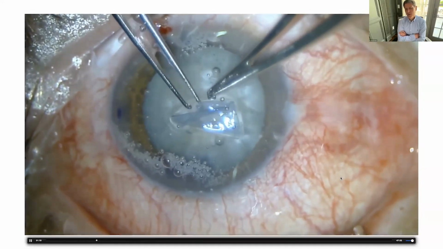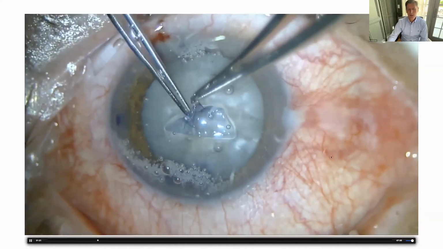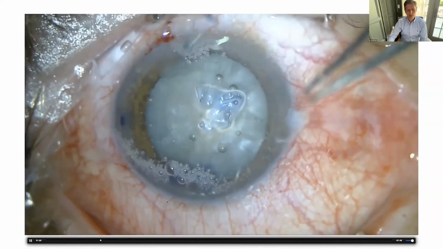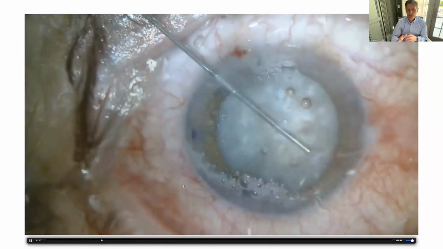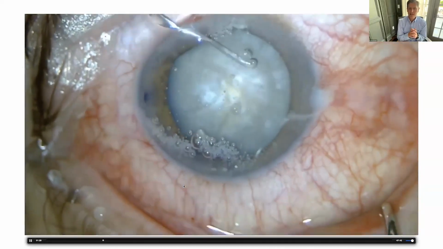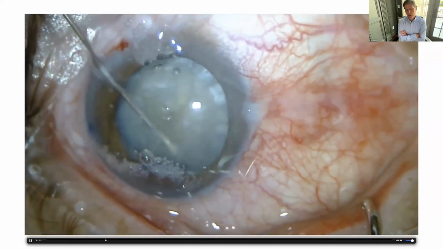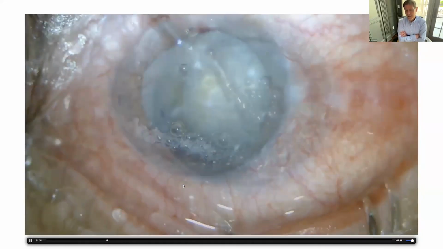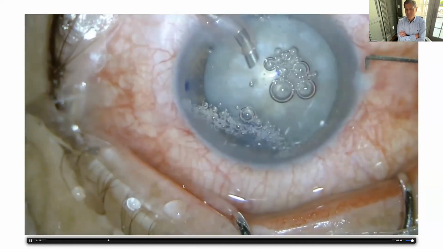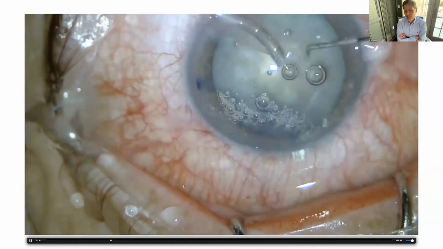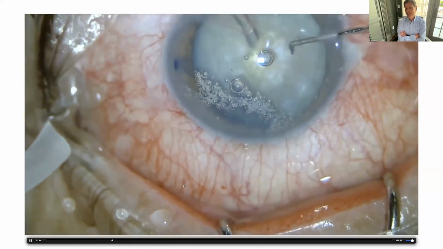So generally, although it's very predictable to do, it's very tough to get a rexis as large as we want, because we're limited by the size of the pupil when we engage the femtosecond laser. And the other thing that I find with these cases is that generally they don't really crack the nucleus, or they really don't fracture the nucleus.